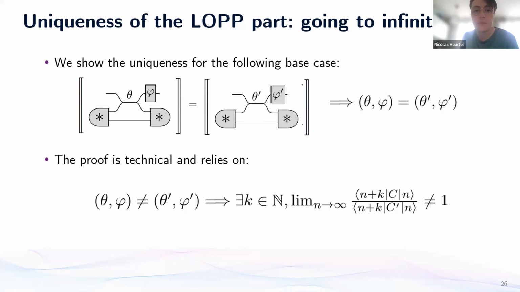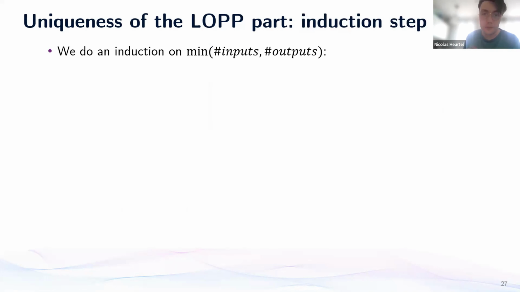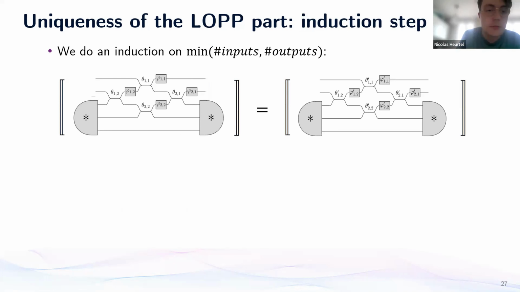When we have the base case, we can do an induction on the minimum of inputs and outputs. For instance, let's take the example that we showed here. We want to prove that the angles of the LOP part, theta and phi, are the same on both sides. By induction, since the semantics are equal, in particular, if we add one source on the second wire, then it is still equal.